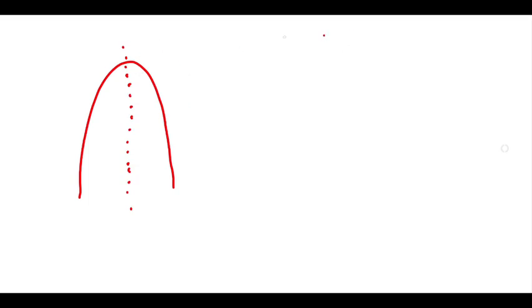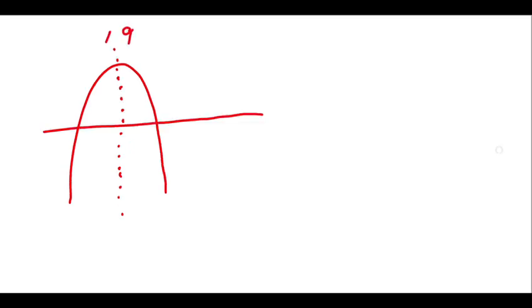Earlier we found it, remember, this is 19. Say we have at x equal to 3, the parabola has y value 104. So the y value is 104 at x equal to 3. The x value here is 19, this is the axis of symmetry.